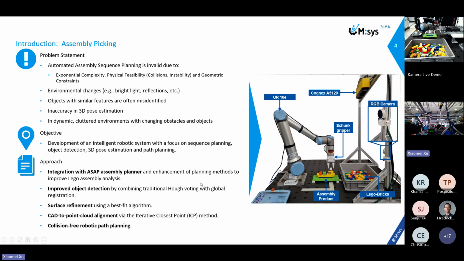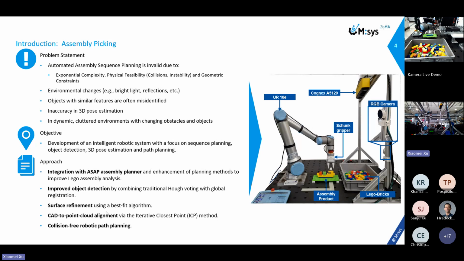So my approach will be to integrate the ASAP assembly planner into my bin picking system, and then I will improve the object detection with the traditional Hough voting with the global registration method to identify clearly the objects in a very cluttered environment with a 1.5 million point cloud.